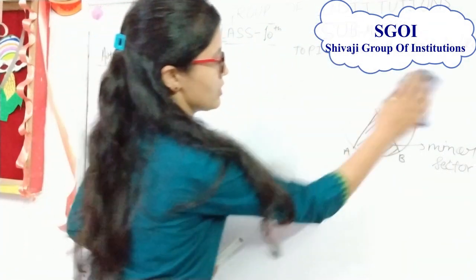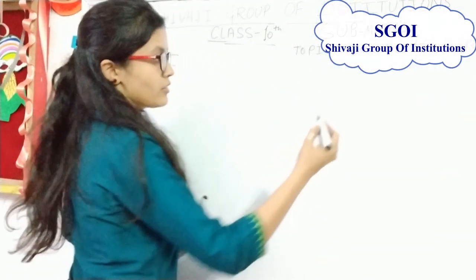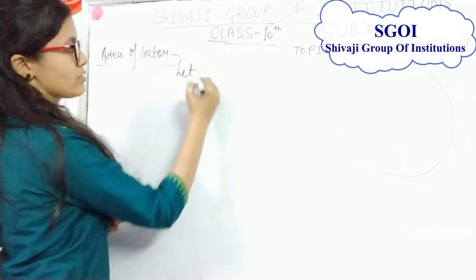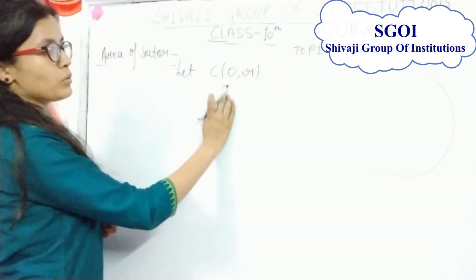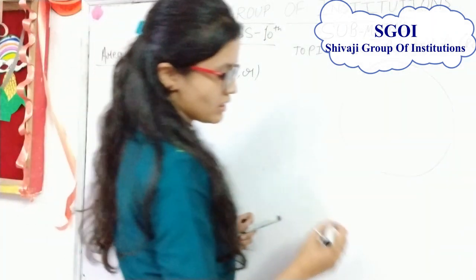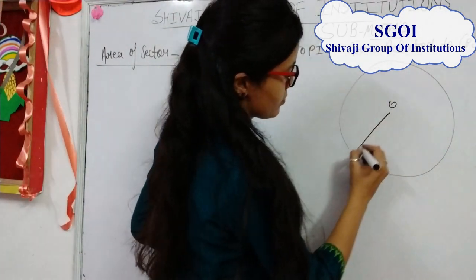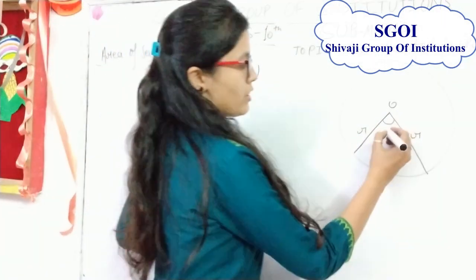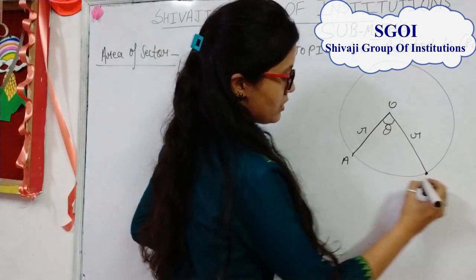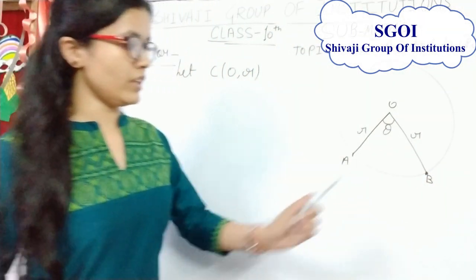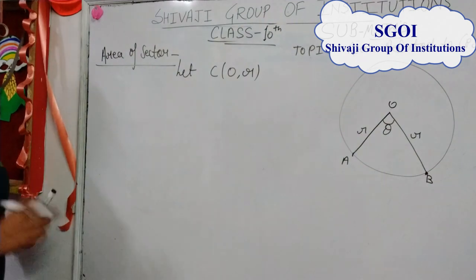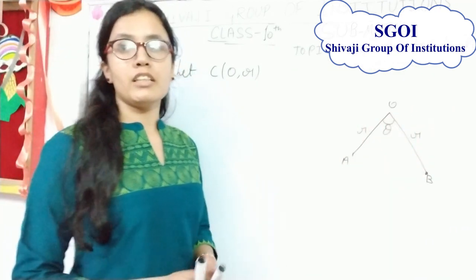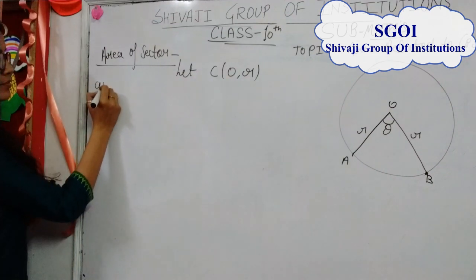Clear? Now how do we find the area of the sector of a circle? Let's see. Let a circle have center O and radius r, the central angle be theta, and the length of arc AB be L. Now students, as we know that if the central angle is 360, the area of the complete circle is pi r square.